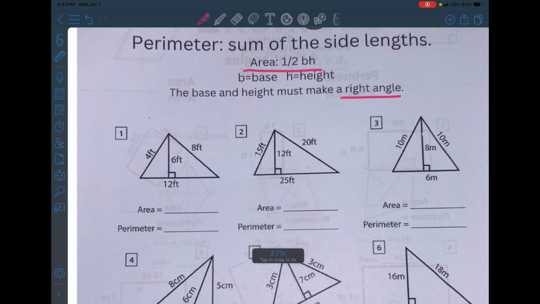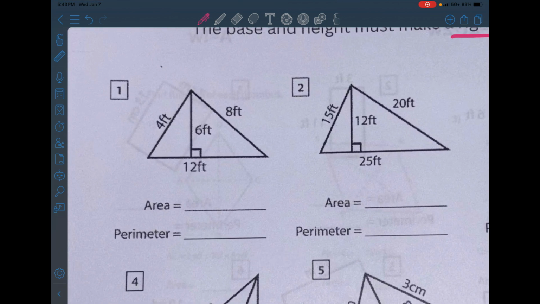So if we look at number 1 on this page, let's look at perimeter real quick. We're just going to add 4 plus 8 plus 12, and if we add those together, we get 24, and it's just 24 feet. And for area, we have 1/2 times our base, that's 12, and our height, that is 6.